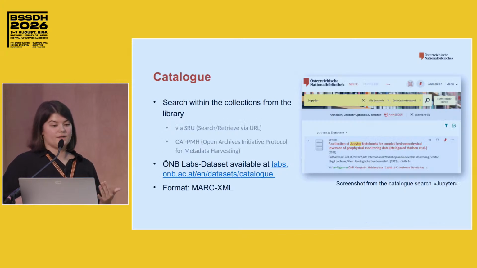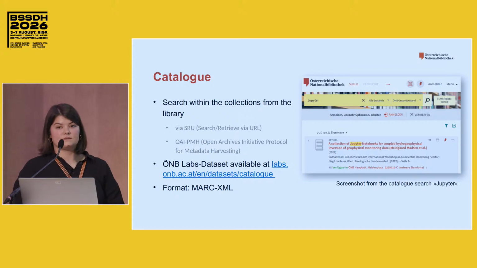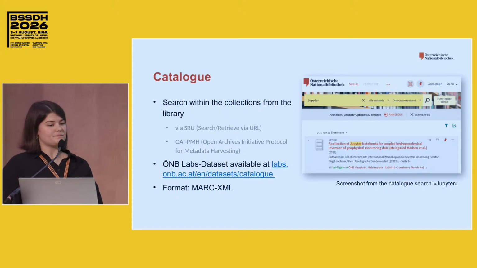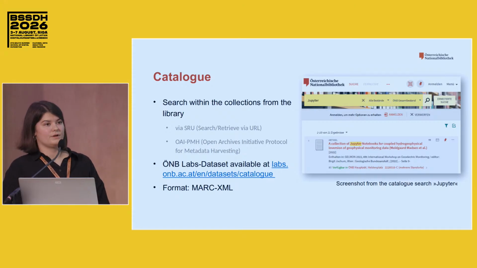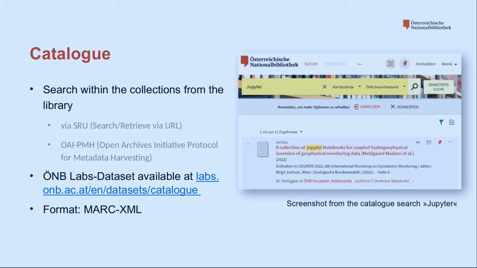Or another one is about the catalog we have in the library. It looks maybe similar. You can simply search online for a book or something else you want to look at, and you can see where it is, where the collection is, where it is in the library. And for that, we have 2 standardized metadata standards.